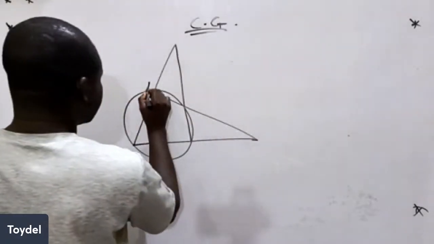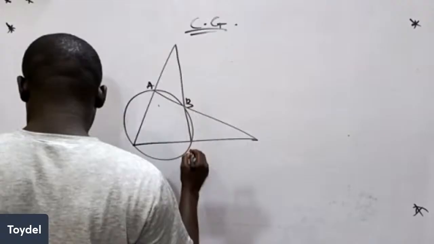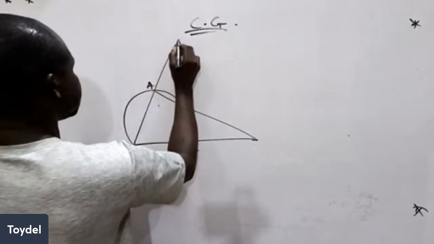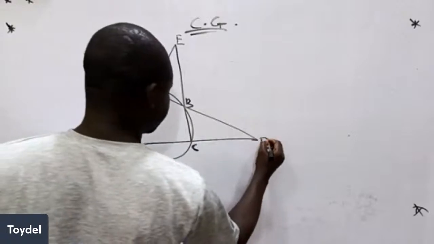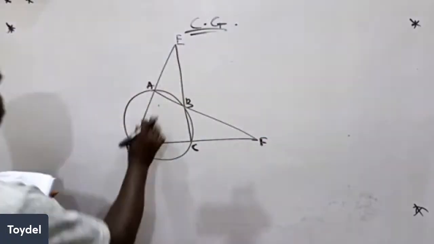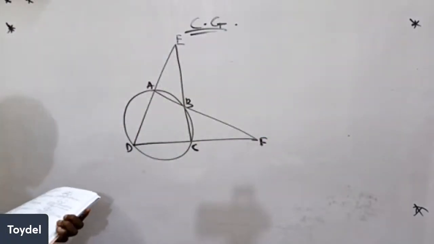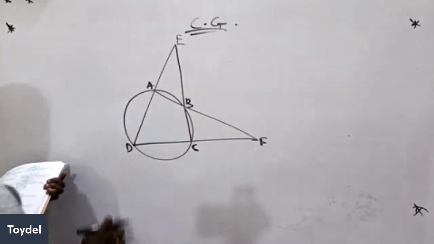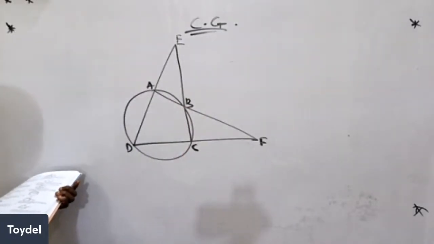So we have A, B, C, D. Then here is E, and here is F. So let's take what we are given. In the diagram above, A, B, C, D is a circle.